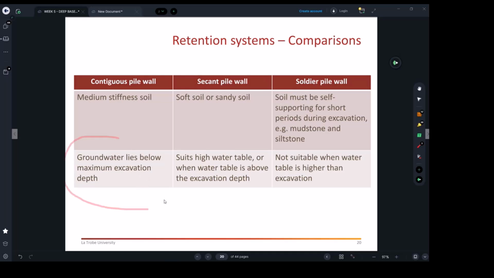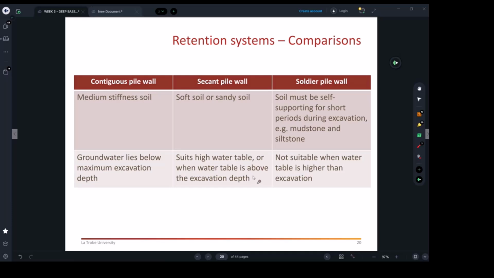So we are talking here: groundwater should be below the maximum excavation depth for the contiguous pile wall. For the secant, it is possible to prevent water leaking during construction or water going through.